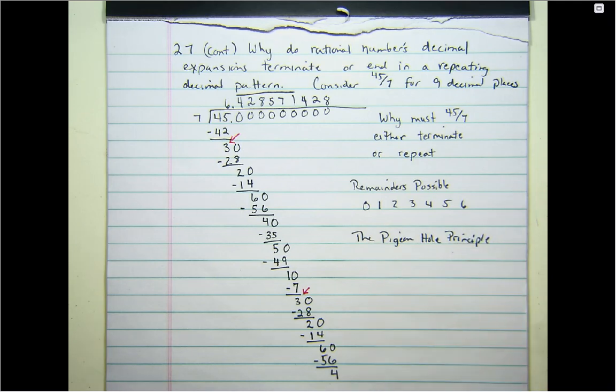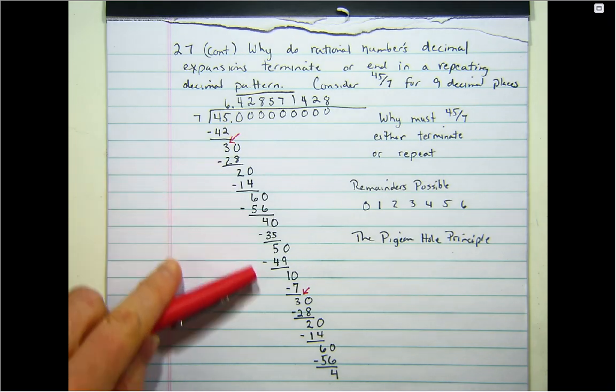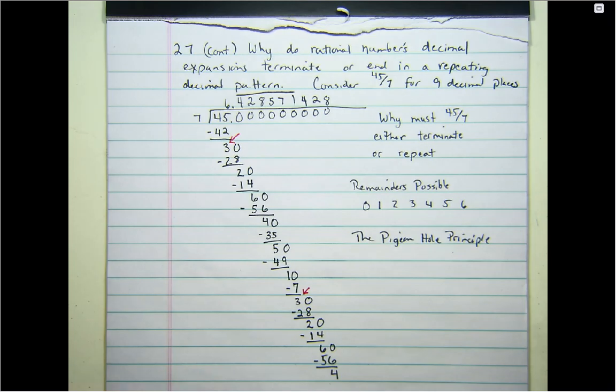The pigeonhole principle tells us that if we're going to do long division and there's only 7 possible remainders and we're going for 9 decimal places, one of those decimal places has to be repeated. And once we start repeating, you're going to have the same math follow through over and over again.